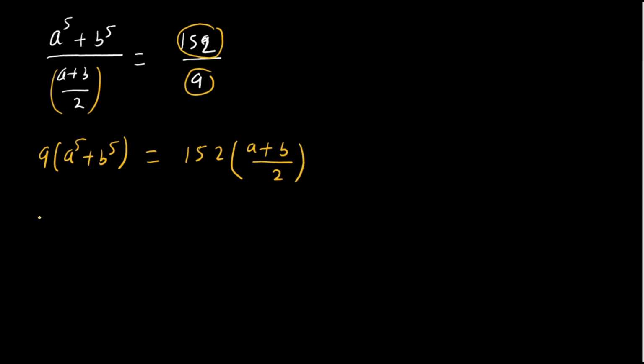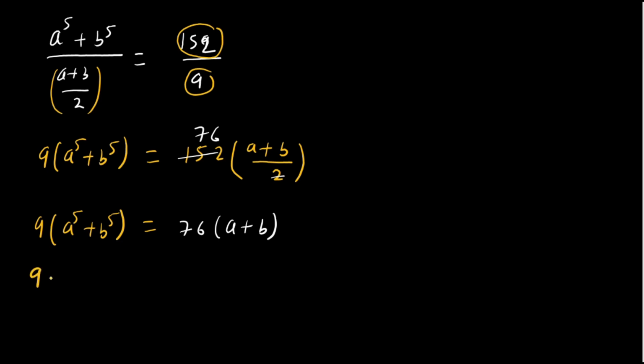Here 9 times (a⁵+b⁵) equals 152 divided by 2, which is 76, times (a+b).